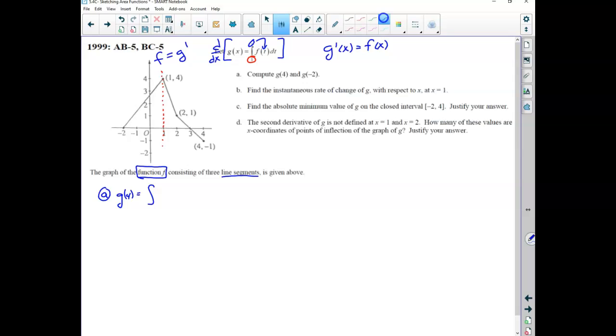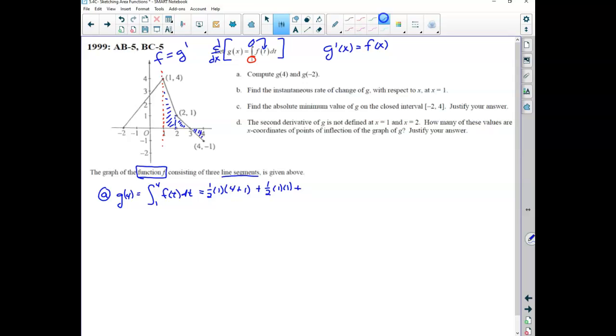That's going to be my integral from 1 to 4 of f of t dt. Well, what is that? That's this trapezoid right here, which is going to be 1/2 times 1 times base 1 plus base 2, plus this guy right here. That's going to be 1/2 times 1 times 1 plus this guy here.